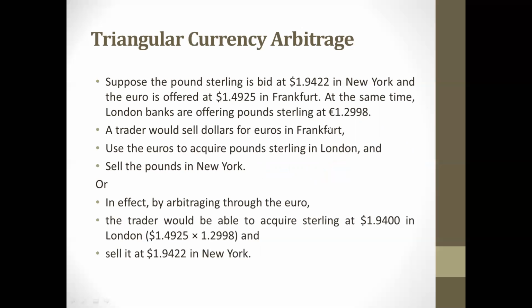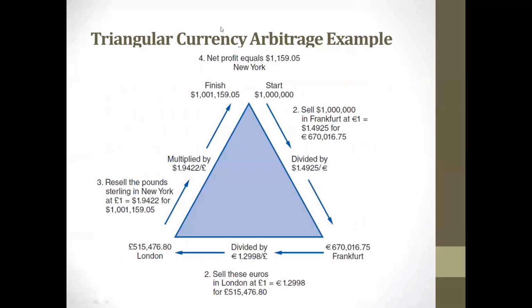Let's see that through a diagram. Now you can see the diagram here. These are three marketplaces: New York, Frankfurt, and then London. Now the trader starts from the New York market, assuming he has $100,000 in his hand, or $1 million.